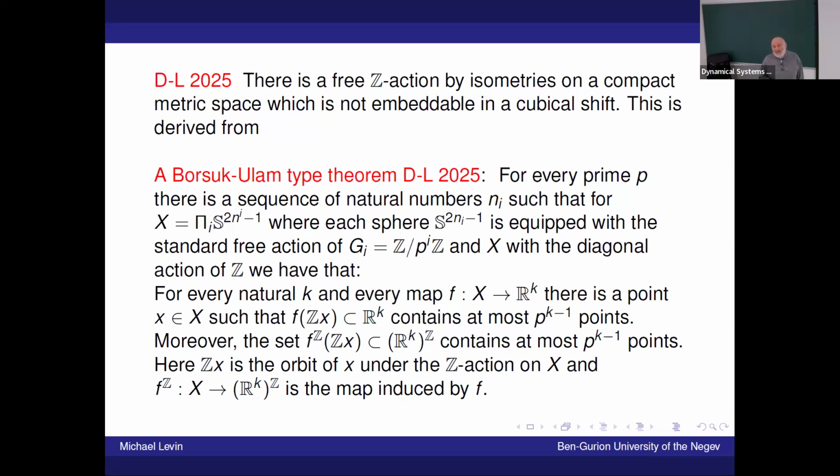And only recently, at least it was published recently, though the result is slightly older, it was shown by a group of Japanese mathematicians, of whom I remember only one name, Tsukamoto, that there are free Z actions not having the marker property.